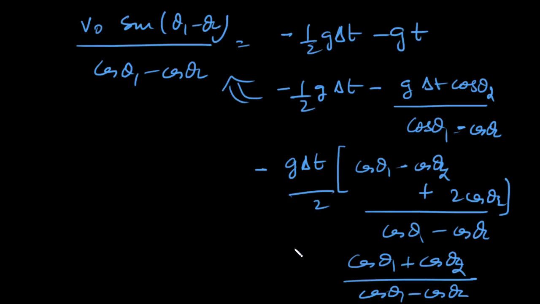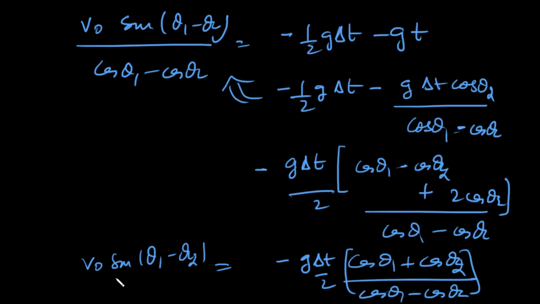Okay, and this is the expression, I think. This would be minus g delta t by 2. Okay, and here we have v naught sine of (theta 1 minus theta 2) divided by cos of theta 1 minus cos of theta 2.